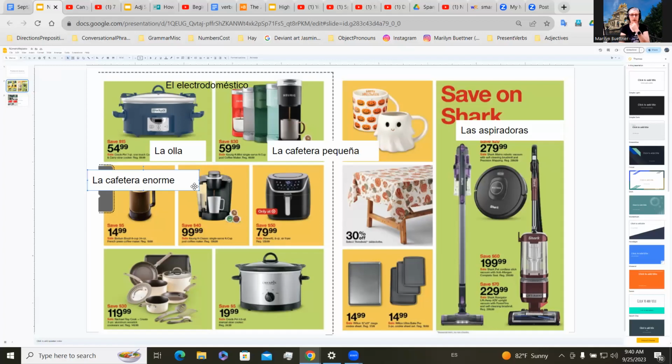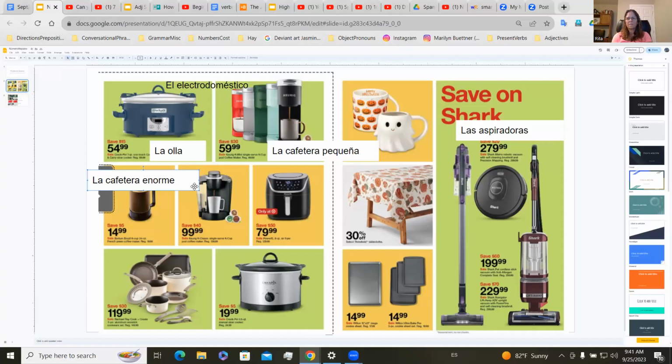Bueno, ¿cuál es el electrodoméstico que cuesta $199? 199. Más aspiradora. Sí, una aspiradora. Sí, aspiradora es. Sí, aspiradora.